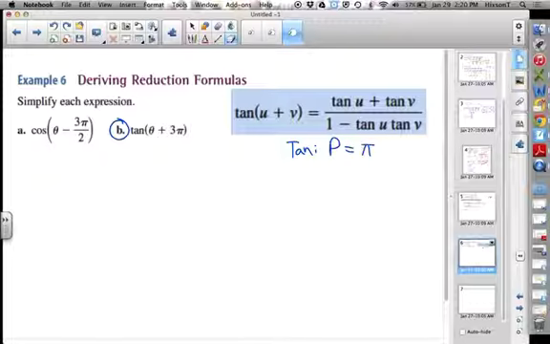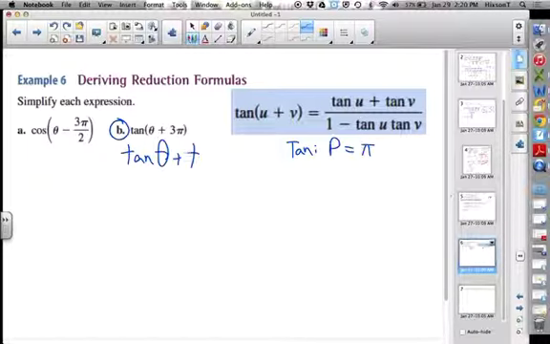Oh, you can't cancel. But we can still find out. There's addition here, there's subtraction. Yeah, that's the tangent of theta. That's multiplication right there. So it's 0 times tangent theta. So it's tangent theta over 1 minus 0 times 3, which is 0.